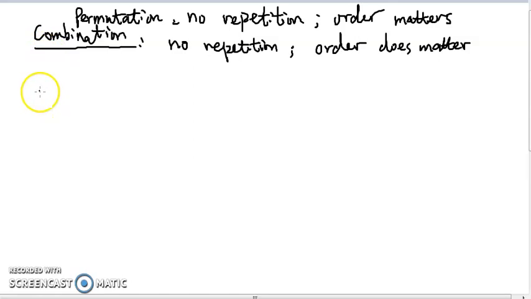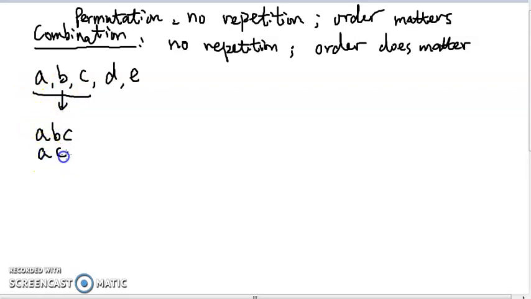It's the same combination. For example, let's say we have 5 people, A, B, C, D, E, and you want to choose 3 people to work on Christmas Eve. When you choose A, B, C, or you could do A, C, B, or B, A, C, B, C, A, or C, A, B, C, B, A, previously these are considered as 6 different permutations.